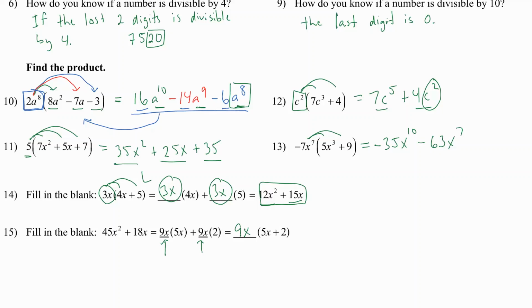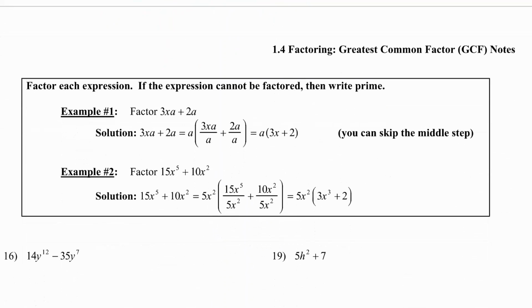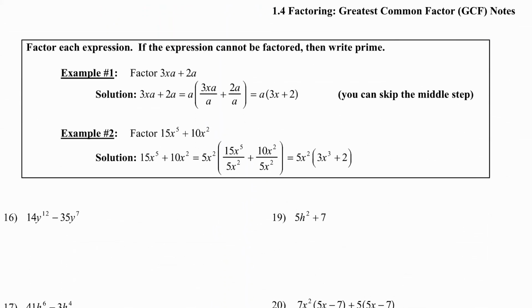Okay, so 1 through 15 is just to provide a context of what we're trying to ultimately do. So let's go ahead and look at some problems. That helped us get the framework of what we're doing. These are the actual problems. I'm going to ask you to factor by using the greatest common factor. And so again, you're looking for the number, and variables represent numbers, so the number or variable that we can divide into each term.